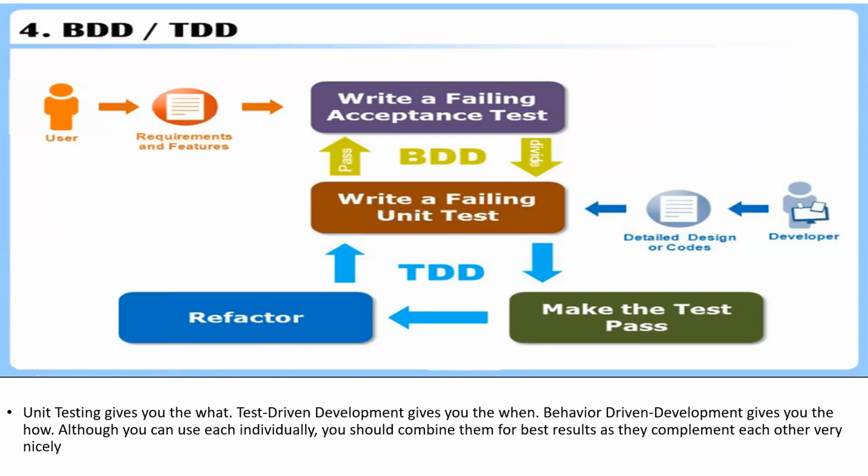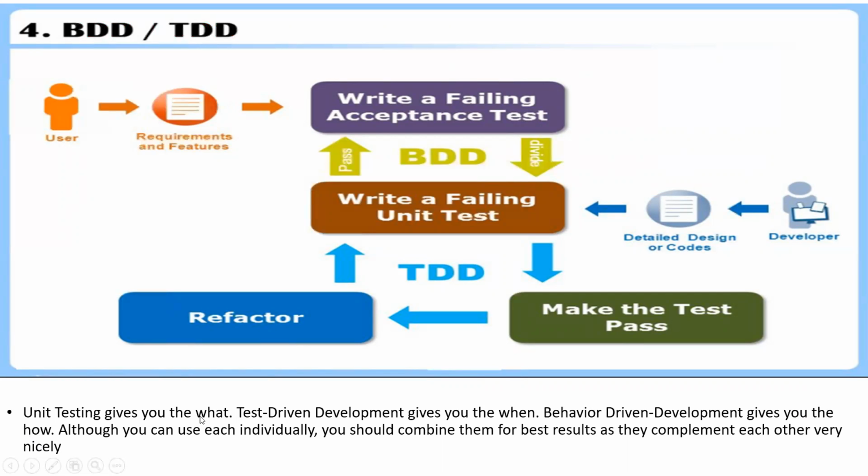That means when your program is going to execute, when your program is going to validate. That is the key element it gives you in test driven development. When it comes to behavior driven development, it gives you the how. So what, when, how. The how means it's purely behavior driven development.